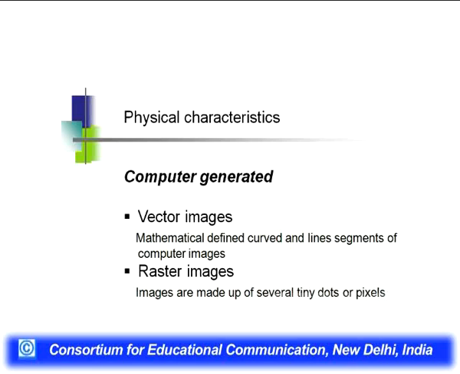Raster images are images formed by gradation, by tiny dots or pixels. These tiny dots and pixels are so small that human eyes cannot identify them, and when they are shown in combination, they give the illusion of gradation of tones.